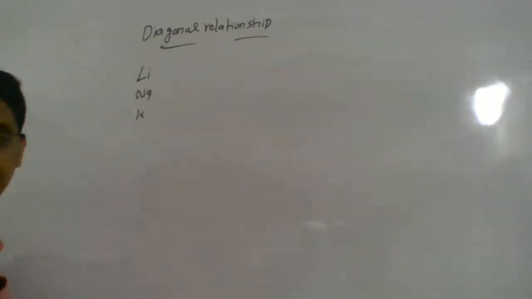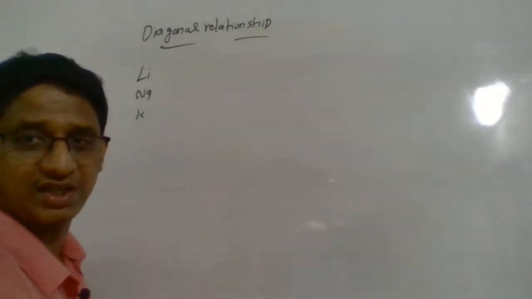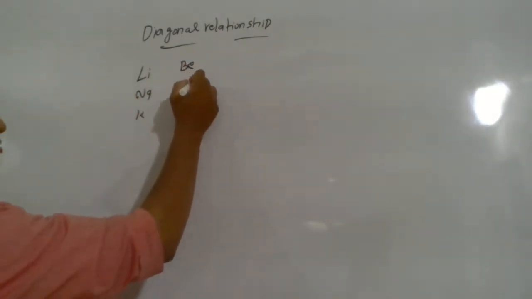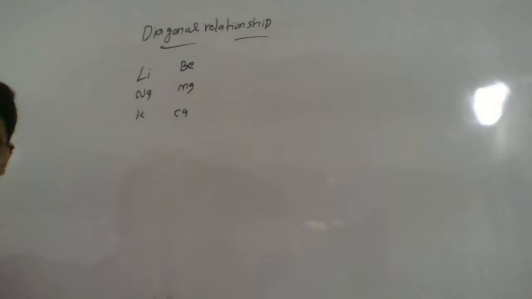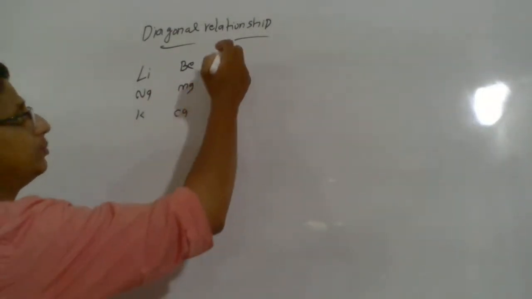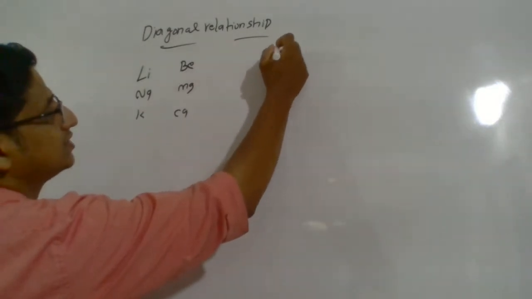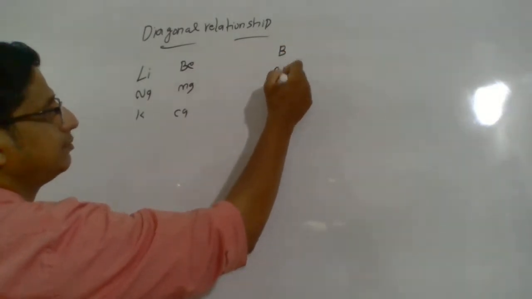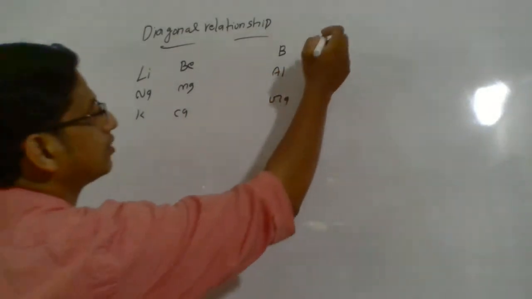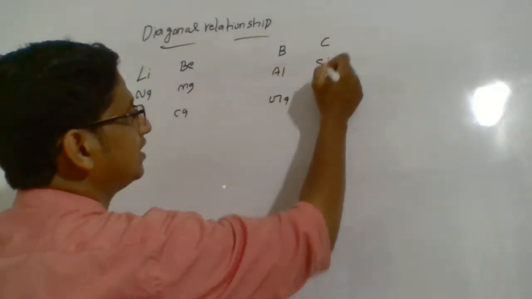They have similar chemical properties, that's why they are arranged in a group. Beryllium, magnesium, calcium, strontium, barium have similar properties, that's why they are in the same group. Talking about the next group, there is boron, aluminium, gallium, indium, thallium. Then the next group, carbon, silicon, germanium.